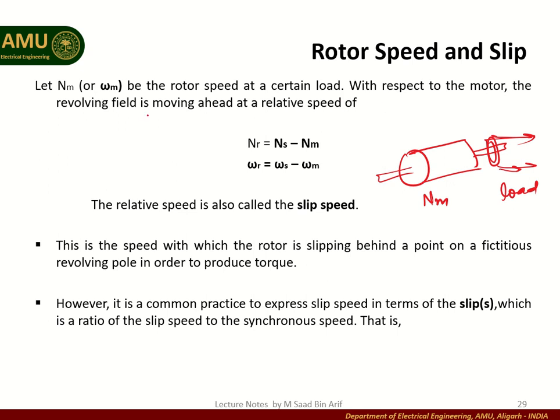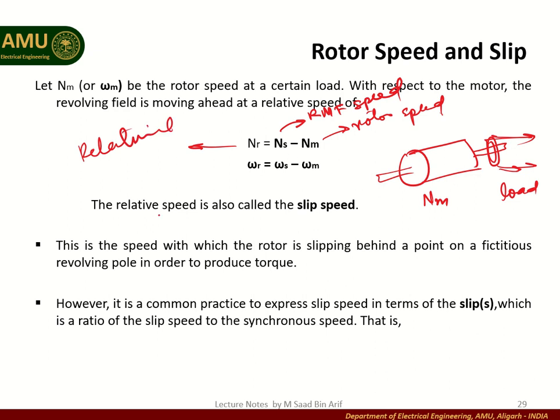The revolving field is moving ahead at a relative speed with respect to the rotor, that is synchronous speed minus rotor speed. The relative speed will be Nr, which is given by Ns minus Nm.